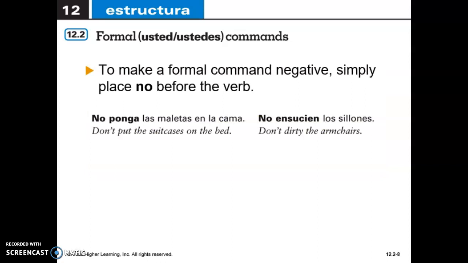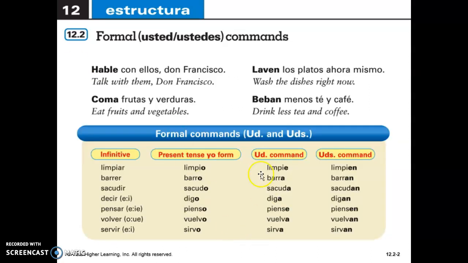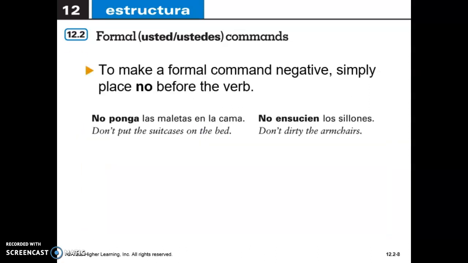Whenever we want to give a negative command, whenever we want to say don't eat, don't leave, don't cheat, whatever along those lines, we are going to place no before the verb, okay? We're going to follow the same structure, the same way to turn my statements into commands, and since this is going to be negative, I'm going to place no in front.